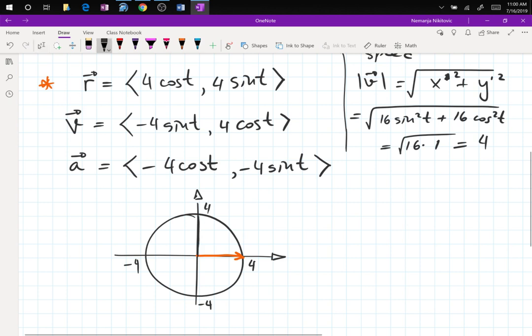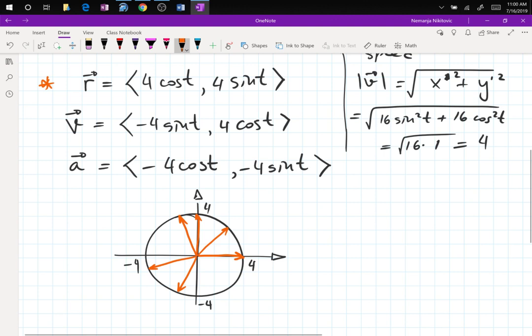So going from the center to any location at the circumference, you are talking about position. So that's the orange star. Now you have your velocity. Velocity is going to be tangential to the motion.